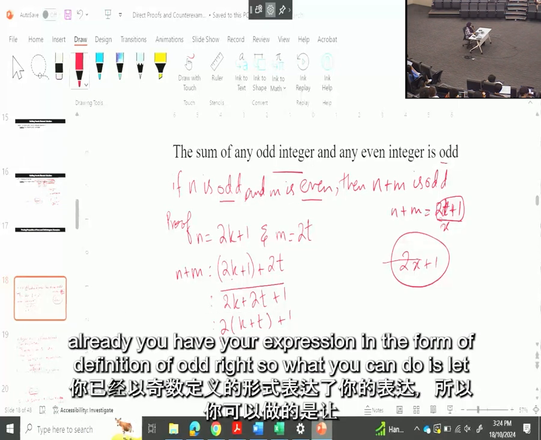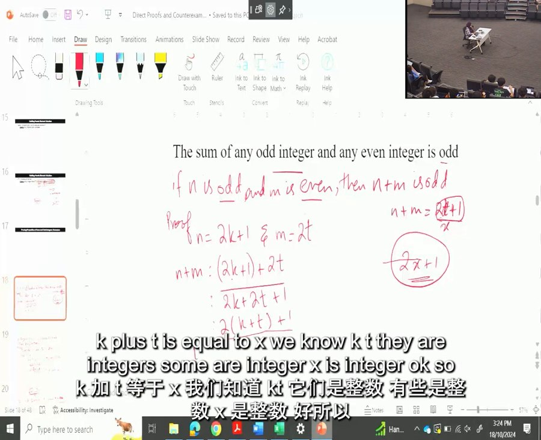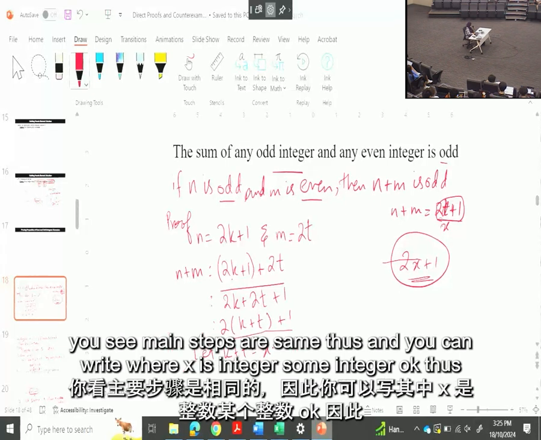okay, so you see already you have your expression in the form of the definition of odd, right? So what you can do is let k plus t is equal to x. We know k, t are integers, x is an integer. Okay, so you see the main steps are the same, and you can write where x is some integer.